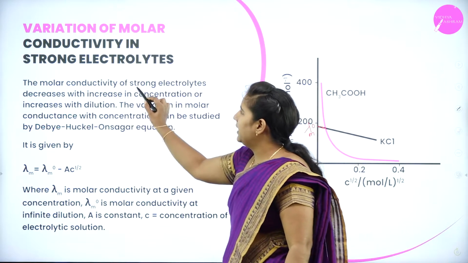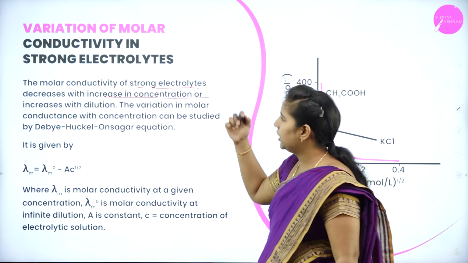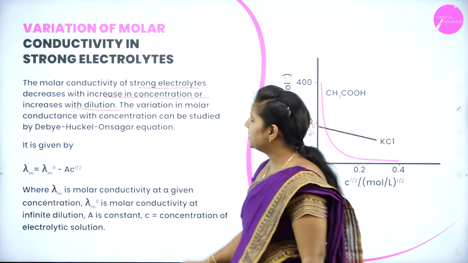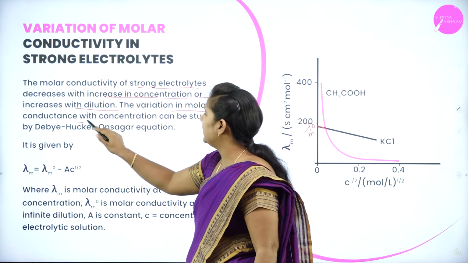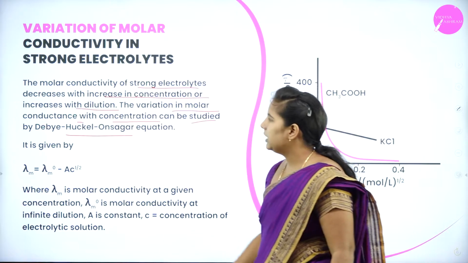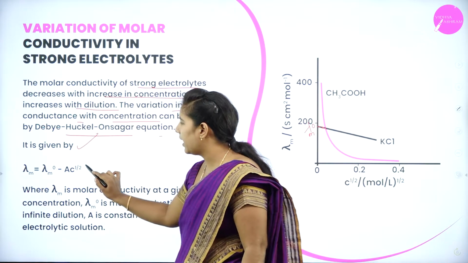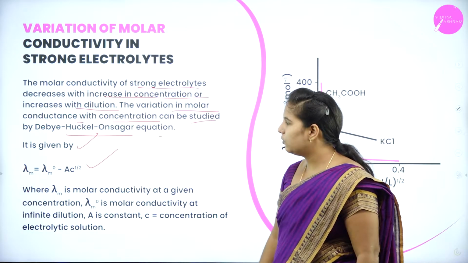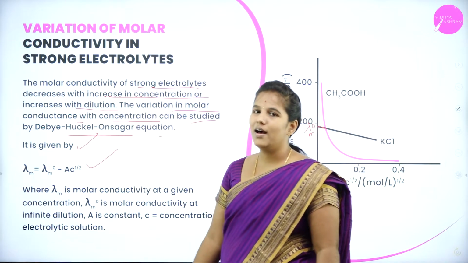The molar conductivity of a strong electrolyte decreases with the increase in concentration, that is, it increases with increasing dilution. The variation of the molar conductivity with the concentration can be studied with the Debye-Hückel-Onsager equation, given by lambda m equals lambda m naught minus A C to the half.